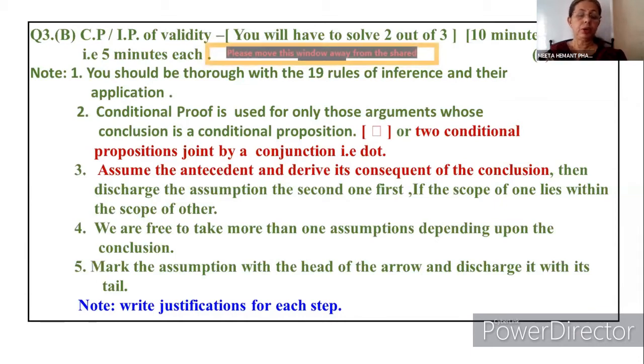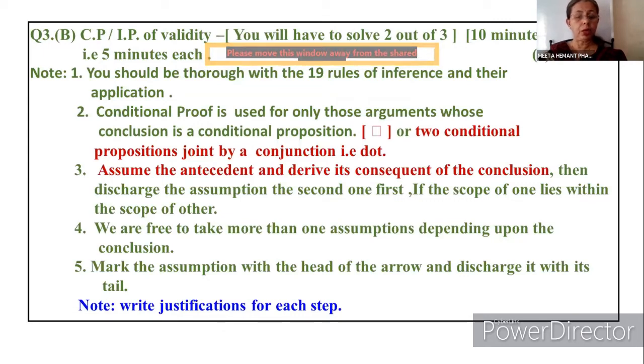And we are free to take more assumptions depending upon the conclusion. If the consequent of the conclusion is again a conditional proposition, then only we can take the second assumption. These are the small things which we have to note down.